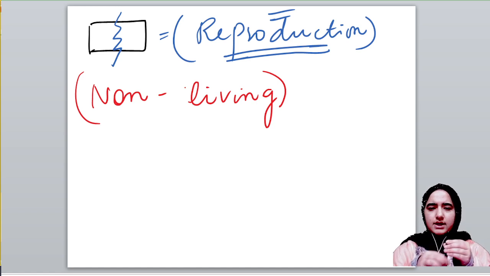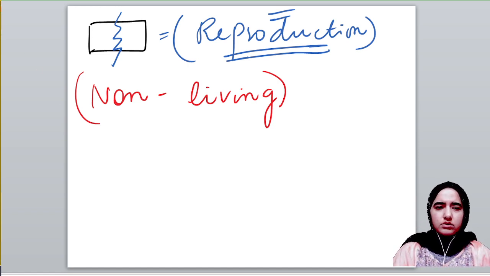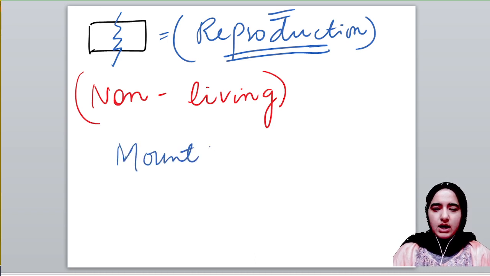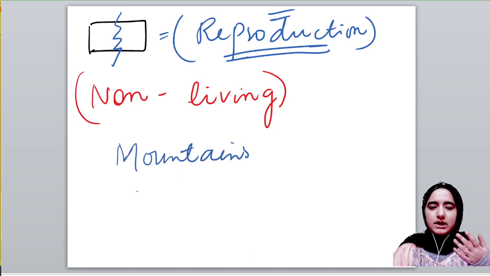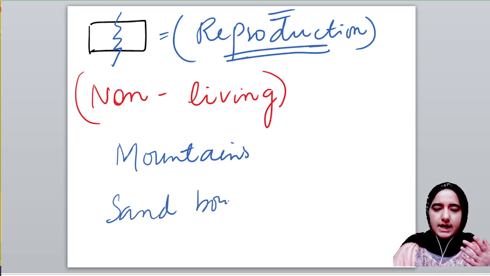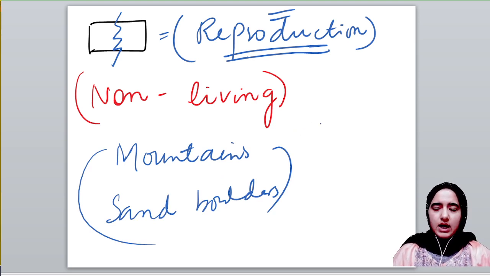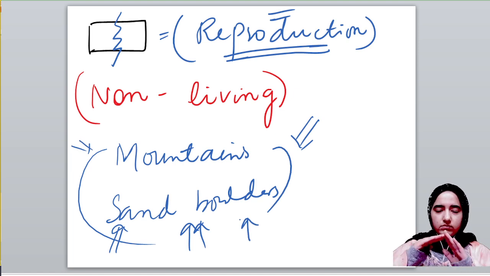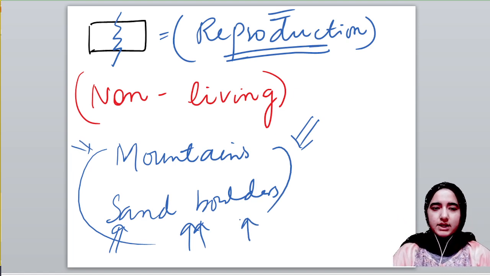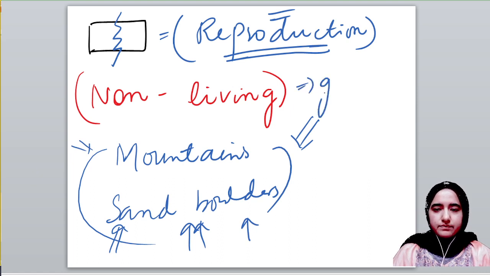Similarly, talking about mountains or sand boulders, new particles of dust, pebbles and stones will come through air and stick to these surfaces, so its width and mass will increase. So can't we say that non-living objects also grow?